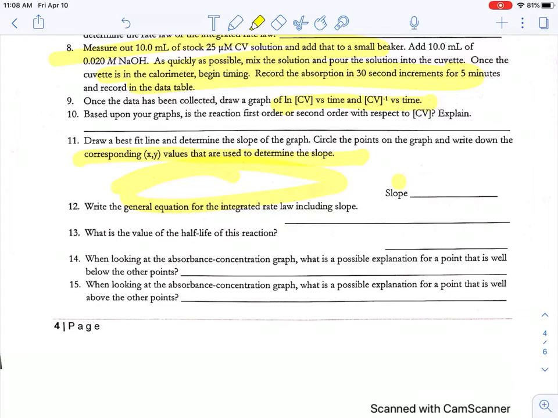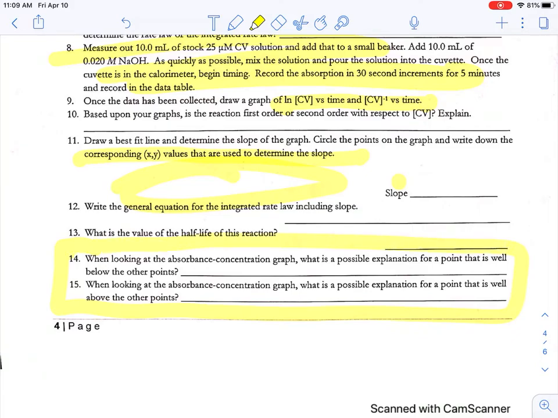Then when you get to your absorption concentration graphs, what I'm asking you to do, and this is a lot of what they're going to ask for on the AP test as well, is this: let's say you've got a graph referencing back to that absorption concentration graph.